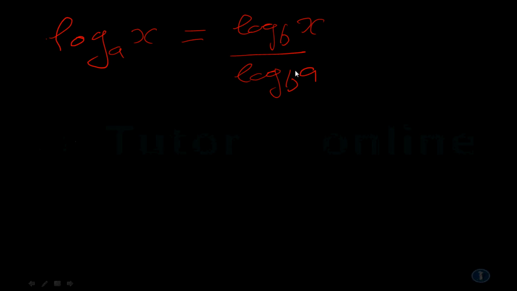The change of base states that if I have the logarithm of x to the base of a, I can write that as the logarithm of x to the base of b divided by the logarithm of a to the base of b. So what I have done here in summary is I've started off with a base of a, and I've changed that to a base of b in this format.